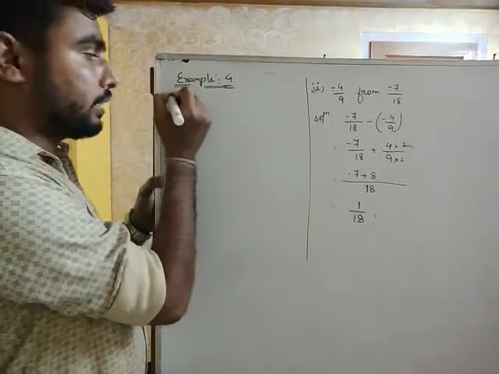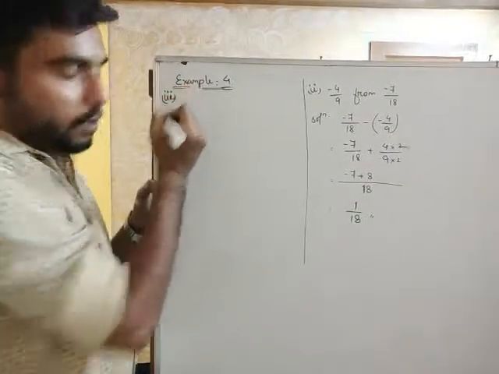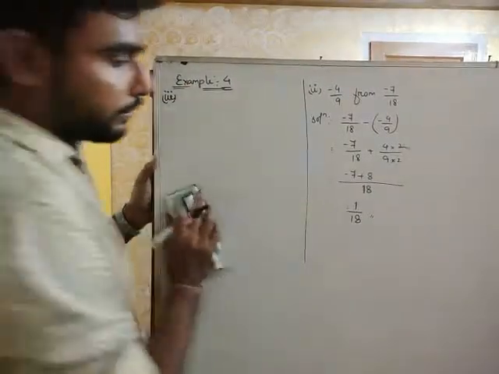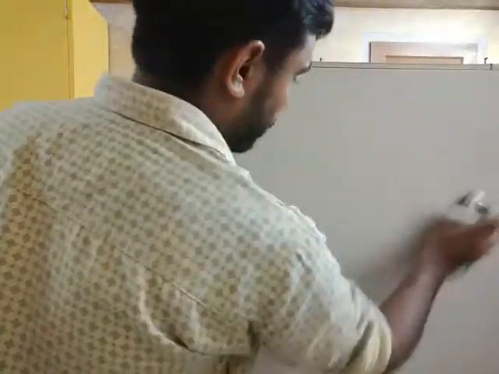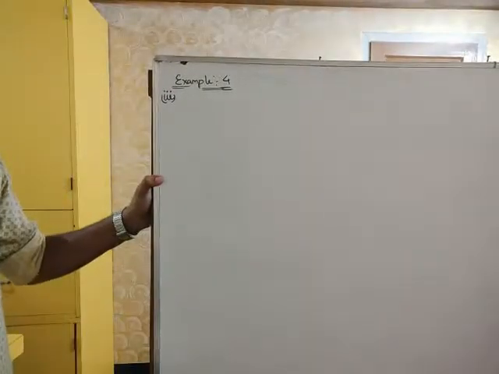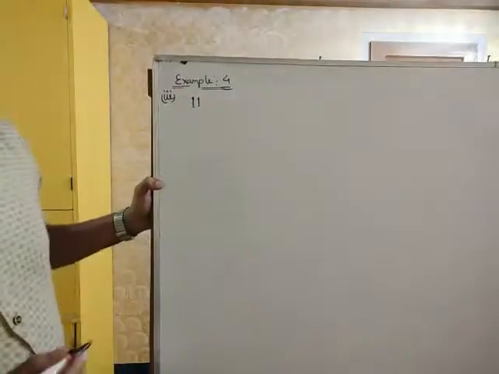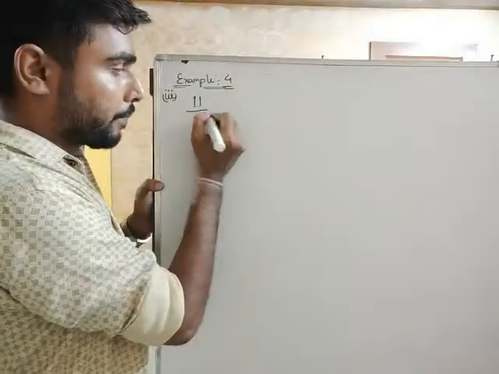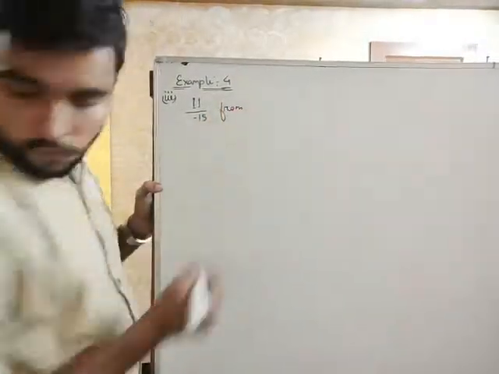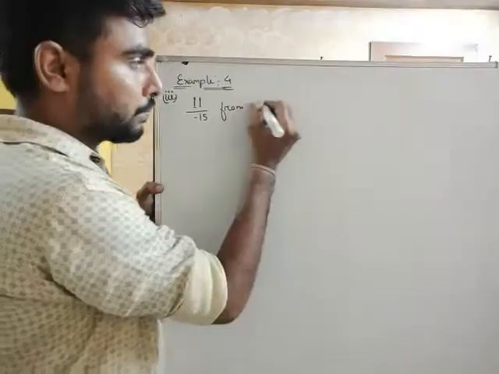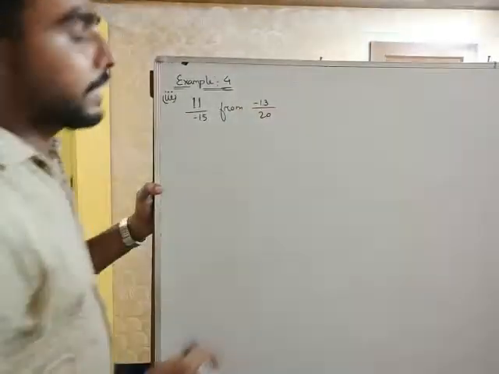Okay, let's see number 3 then. Number 3, subtract 11 by minus 15 from minus 13 by 20.